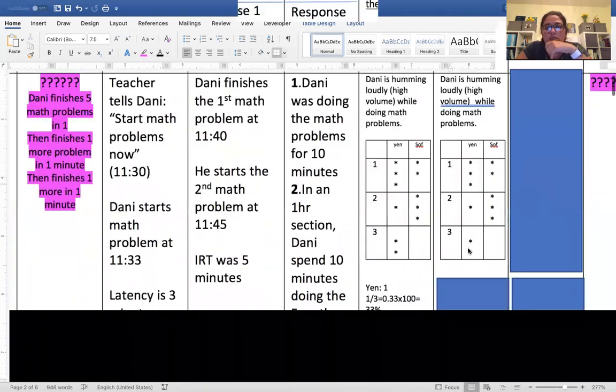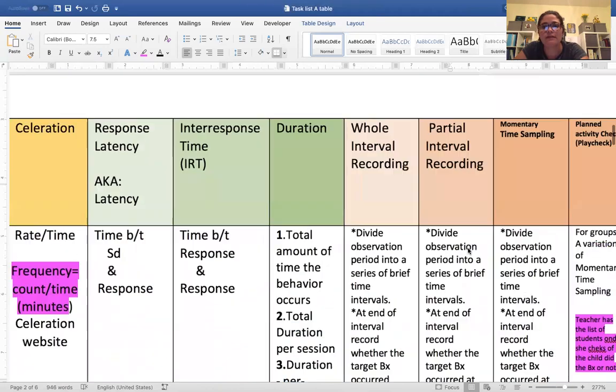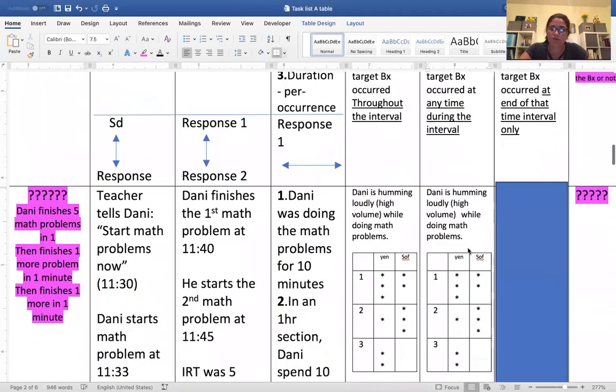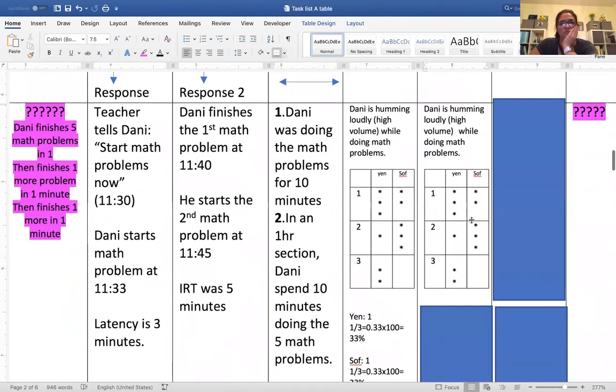Okay, so the next one is the same one. Tell me the same information, but this time we're working with partial interval recording. Let's work with Jenny. Jenny is three out of three. Awesome. How about Sophie now? Two out of three.